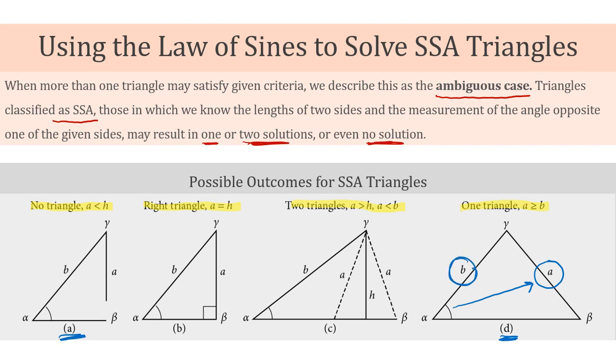And then there'll be two triangles when the side across from the angle that's given to you is less than the second side, or, if you happen to know what the height is, that perpendicular, which you probably don't know but you could find out, if that side A is greater than that height. If it's greater than, then that's what tells us that it's going to possibly swing to the left and swing to the right.